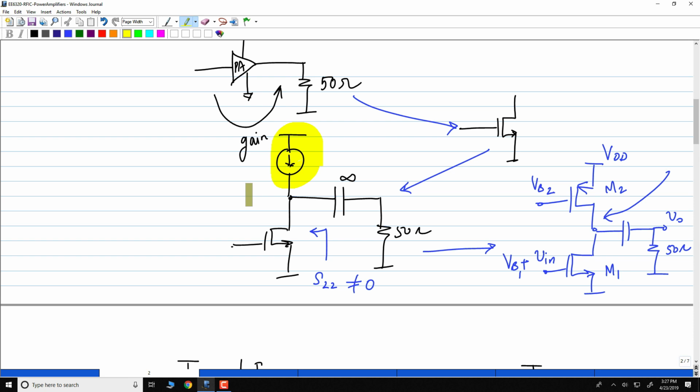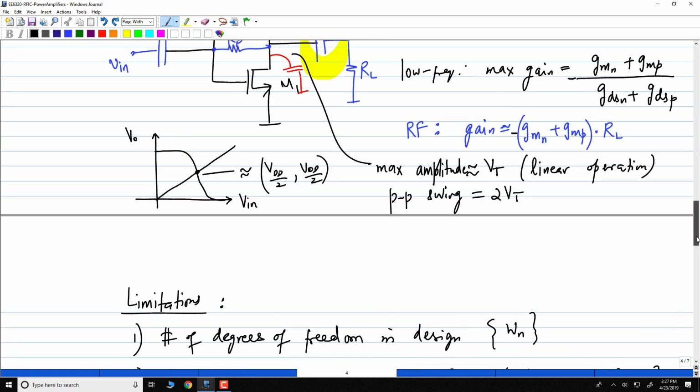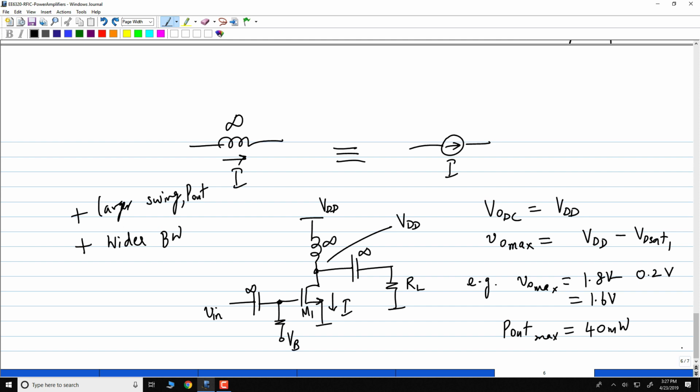Now, before we go on to the matching, there is one more point I wanted to discuss specifically about this circuit. We have been considering the point where the transistor goes into triode. Correct?